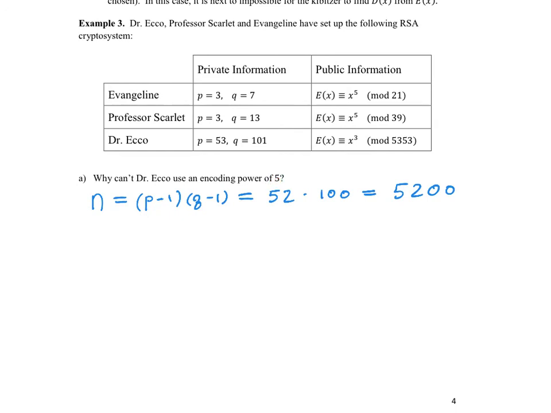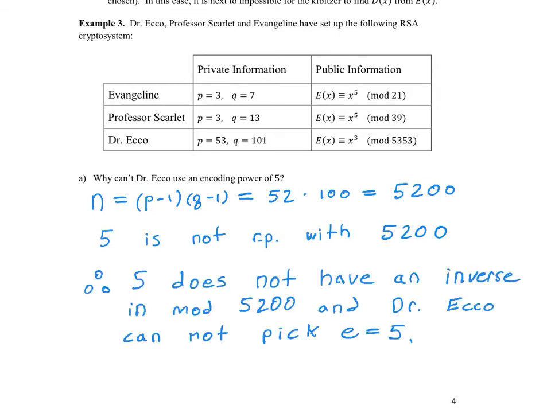Well, 5 and 5,200 are not relatively prime, and that's the problem. Since it's not relatively prime with 5,200, 5 also does not have an inverse in mod 5,200, so we can't use that as our encoding power. Okay, so now that we've reminded ourselves of how to properly pick the encoding function, let's do some encoding and decoding on the next page.